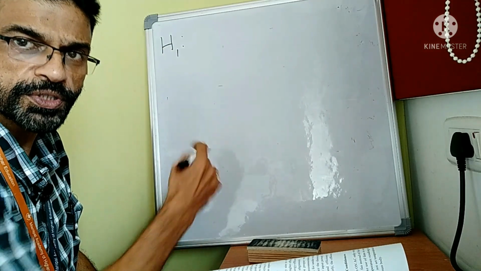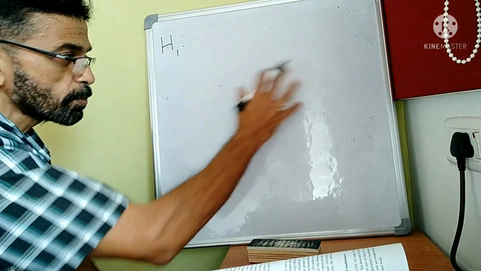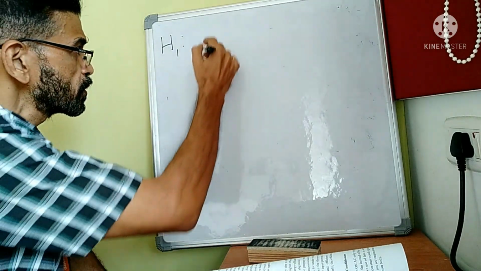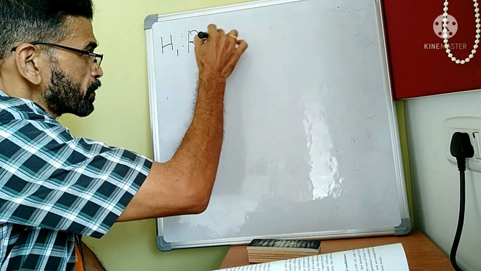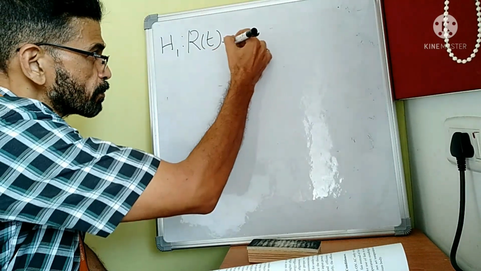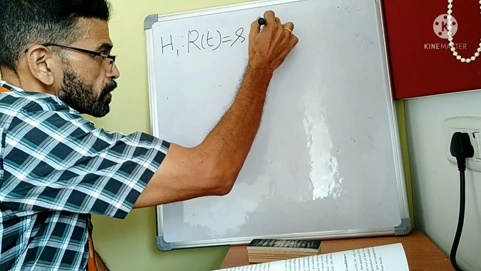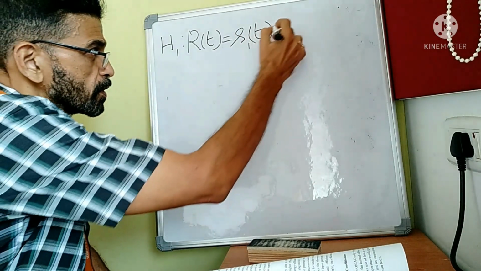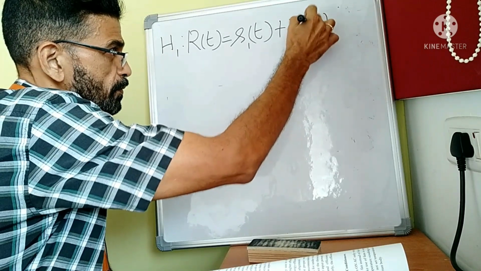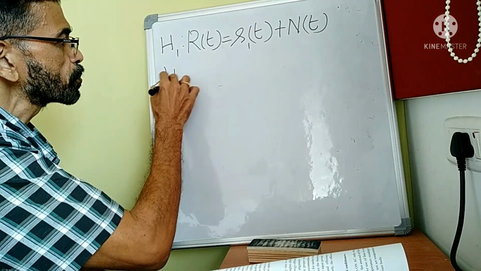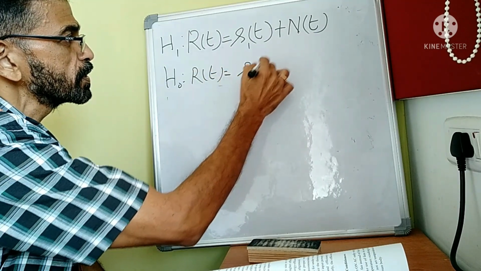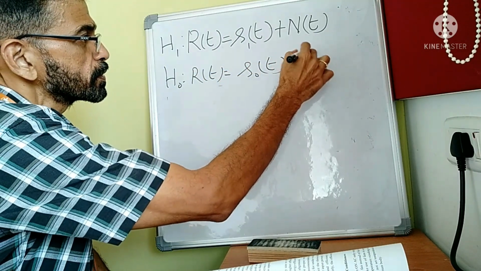When H1 is the true hypothesis, though the block diagram we have in our minds now is a simple block diagram, the received random process is the sum of S1(t) plus the noise random process, and when H0 is the true hypothesis, we receive this.